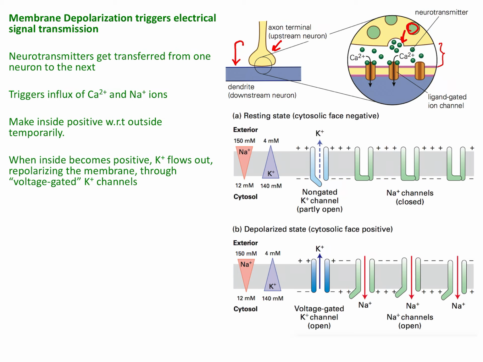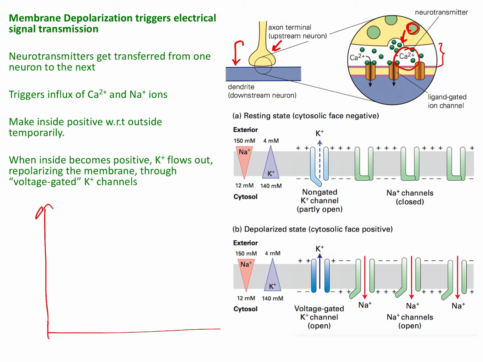These neurotransmitters are released into the space between the two neurons and ultimately bind some neurotransmitter receptors on the dendrite of the downstream neuron. This results in some signaling cascade, which we are not interested in, and opens ligand gated ion channels through which cationic calcium ions start entering the cell. When cations enter the cell, the membrane becomes depolarized.